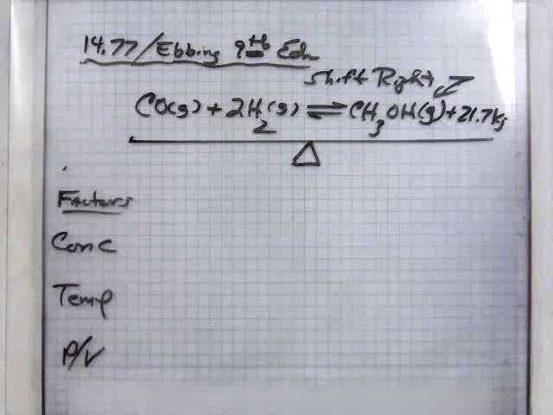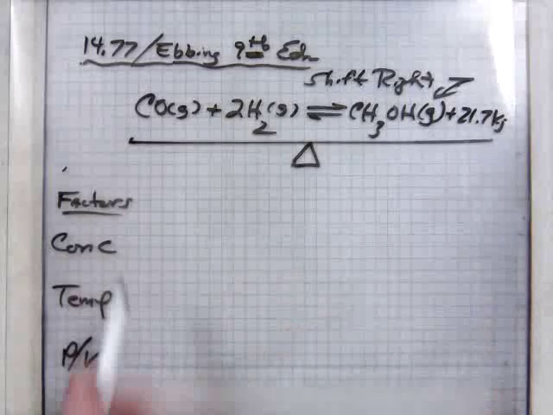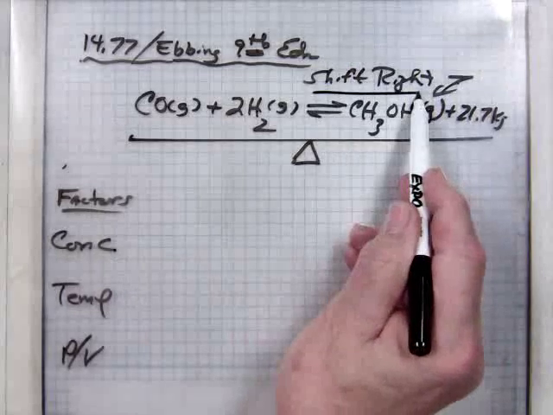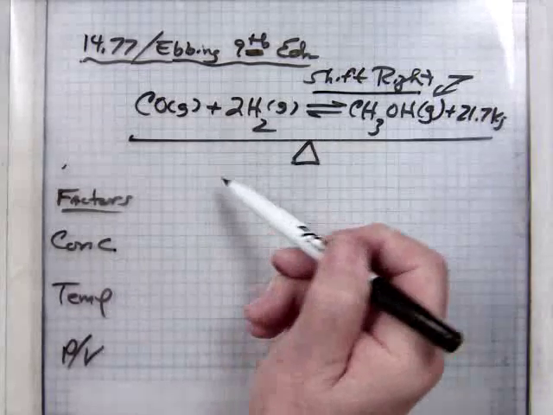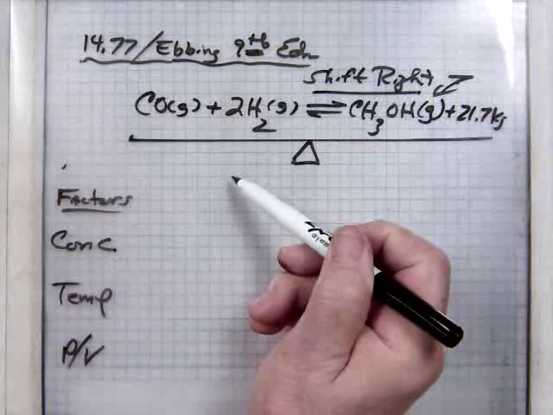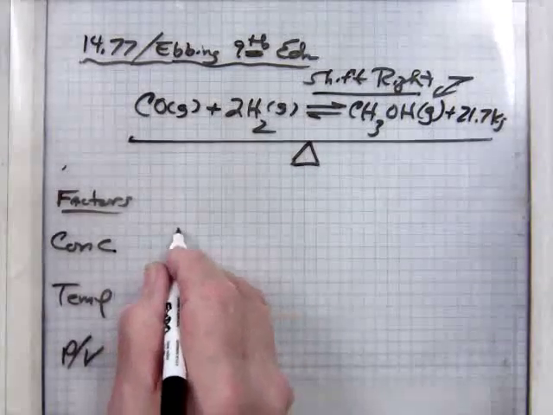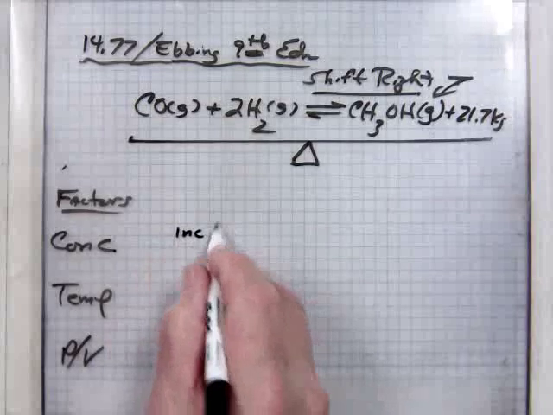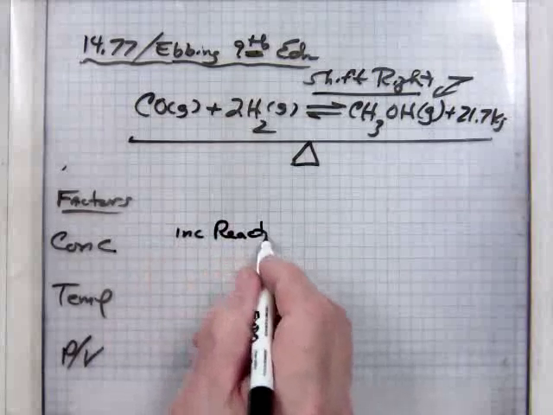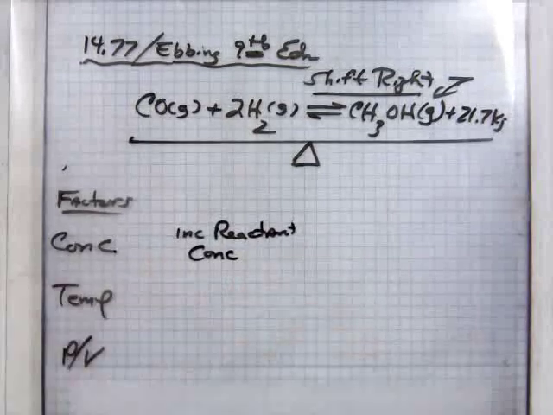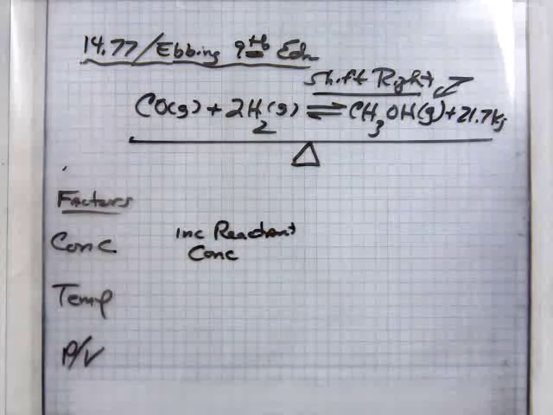So when I look at the concentration effects, if I want this reaction to shift to the right, I need a tilt left. Okay? So one is to increase reactant concentrations. It's called the feed. Increase the feed of your reactants.